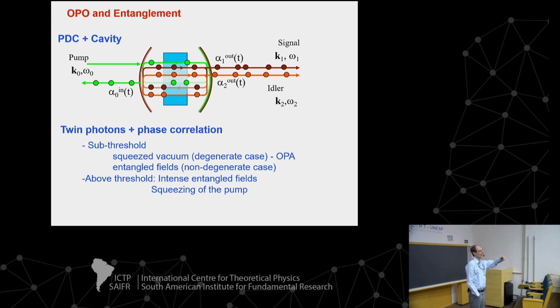Whenever you have a process, you have the gain inside the cavity, and then you have a loss rate. If your gain is smaller than your loss rate, you're just sending photons into the cavity, it's leaking out, and then you don't have an active feedback that will build up. Whenever your gain matches the losses, the feedback will lead to an amplification, and then it begins to build up.